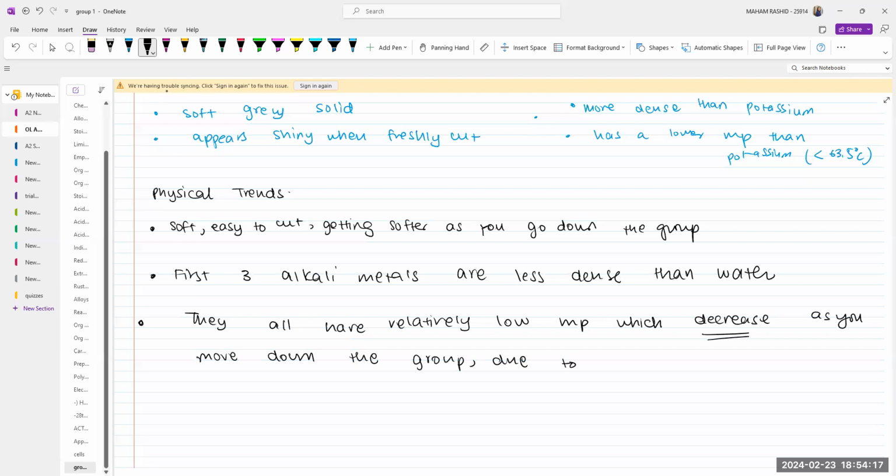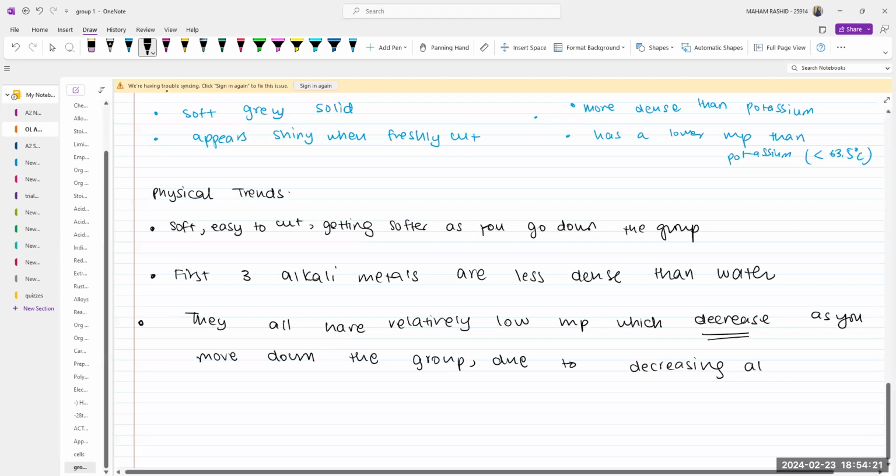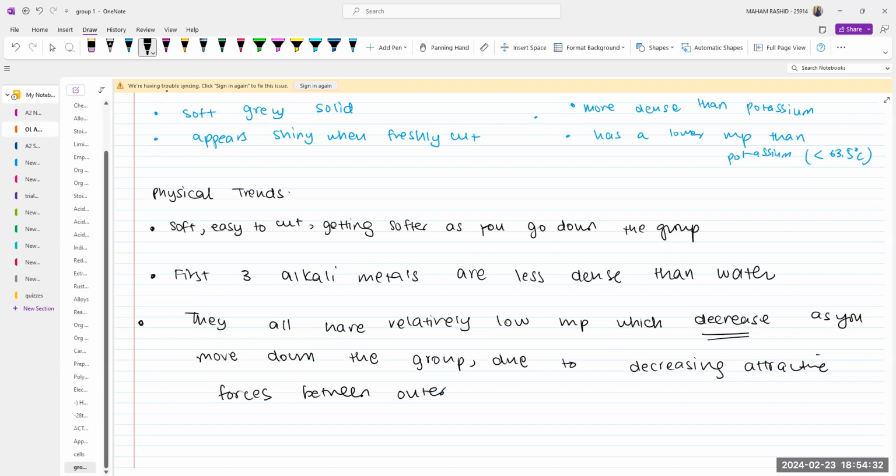Due to decreasing attractive forces, as we just discussed, between outer electrons and positive ions.